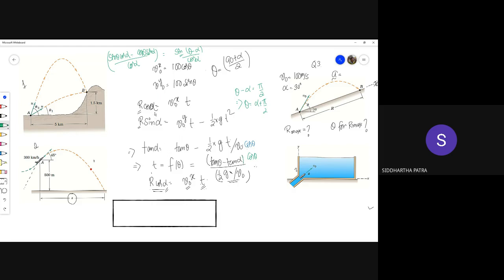So simply dividing either side with r cos alpha, here you have tan alpha, and this thing v0y to v0x would be tan theta, and over here you have this quantity right here. So tan theta cos theta.